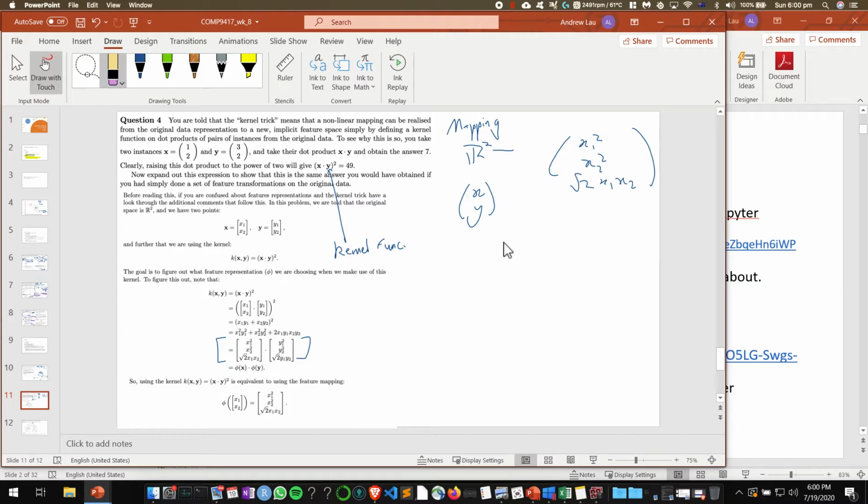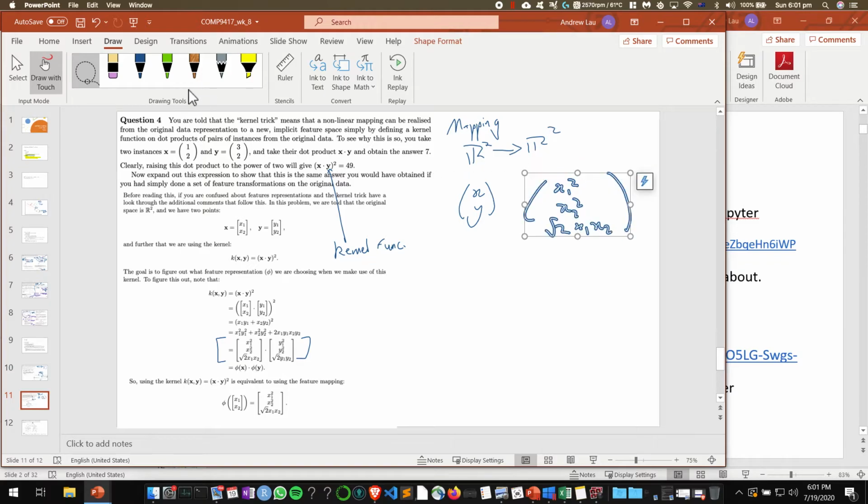So in this question, this is R3, isn't it? This is our mapping, and we also have the kernel function.